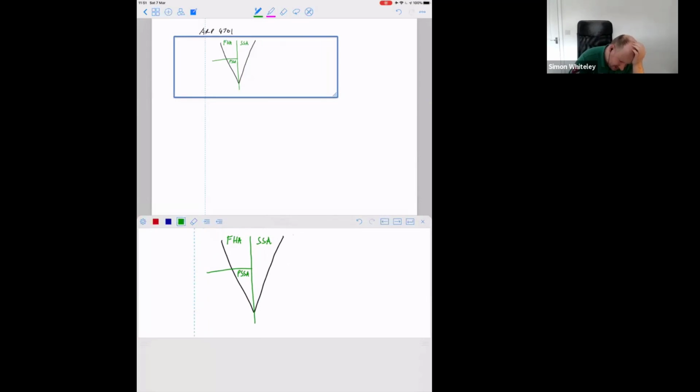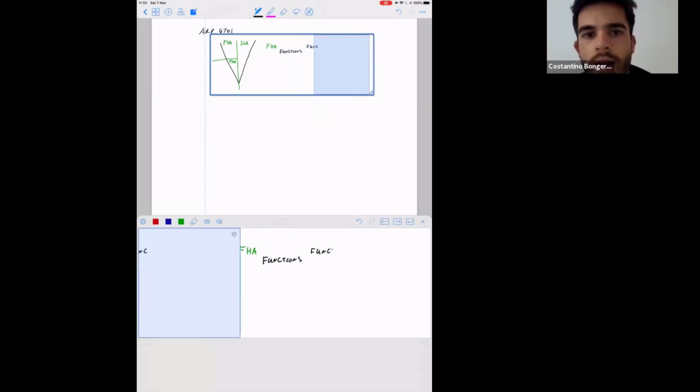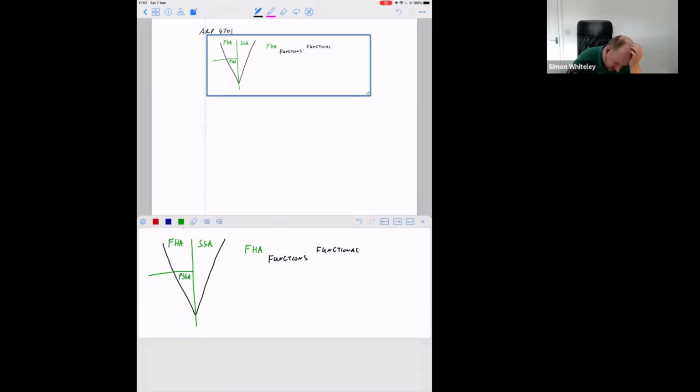So when you do the FHA analysis, it's basically a list of functions, and then you do some functional failure. This is an FHA.